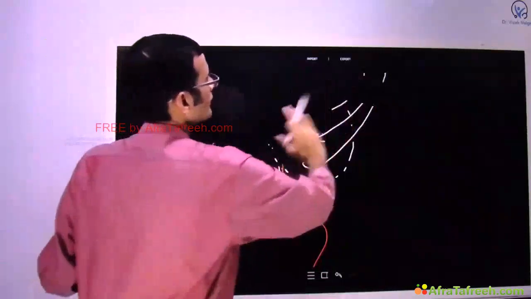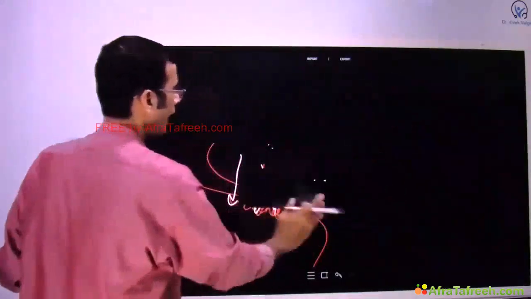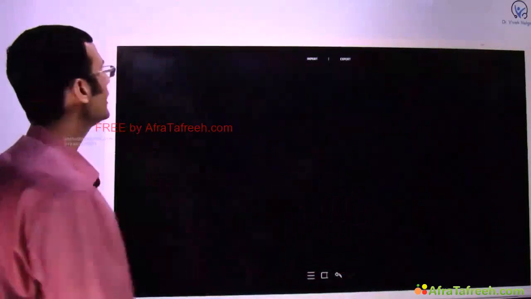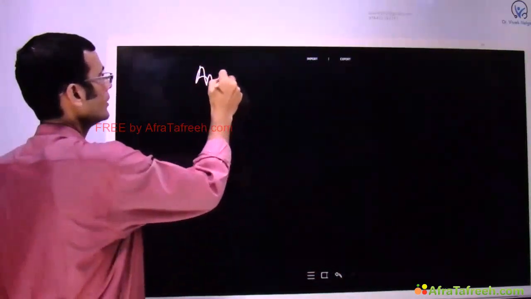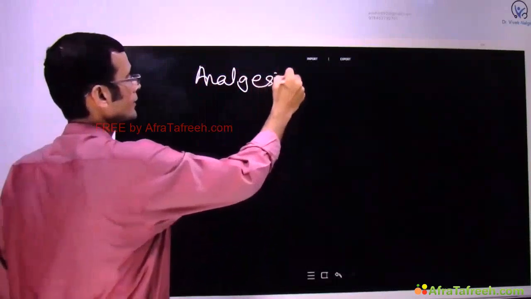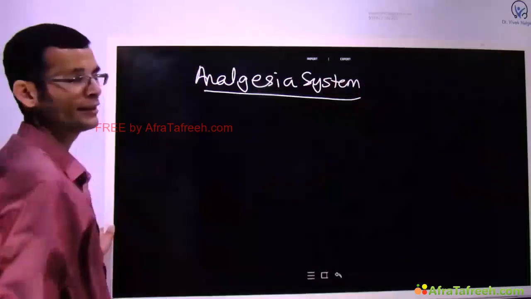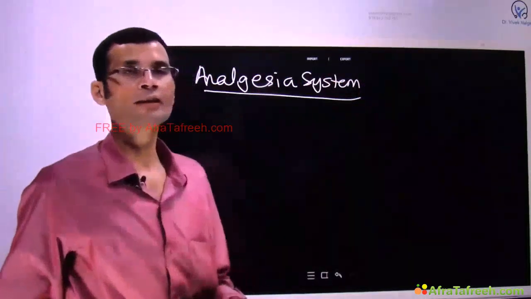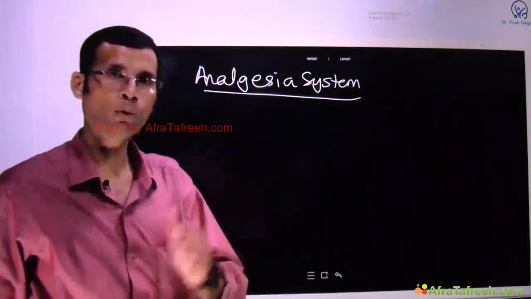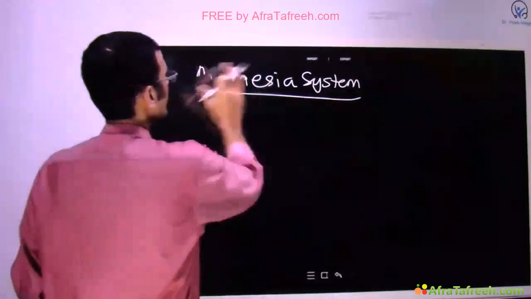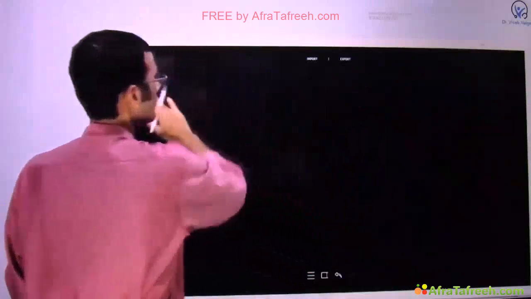Where do we find such synapses, axonal synapse and presynaptic inhibition? This is seen in our descending analgesia system of the body. It works by presynaptic inhibition and postsynaptic inhibition of the pain carrying fibers. Let's see how. Let's try to understand this.